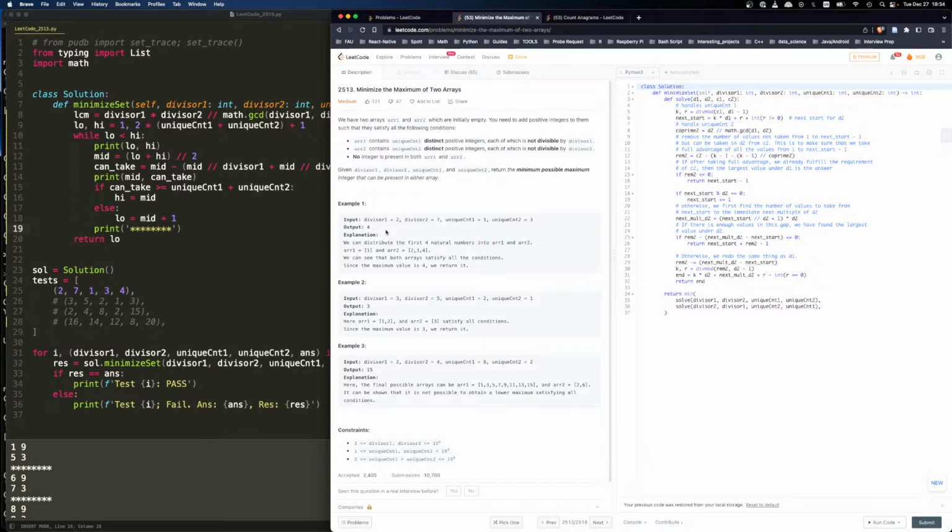So I can say if I want to fill d1, I'll take whatever cannot be taken by d2 plus a chunk of this, and a chunk of this, and try to see if it works. And okay, that might work.